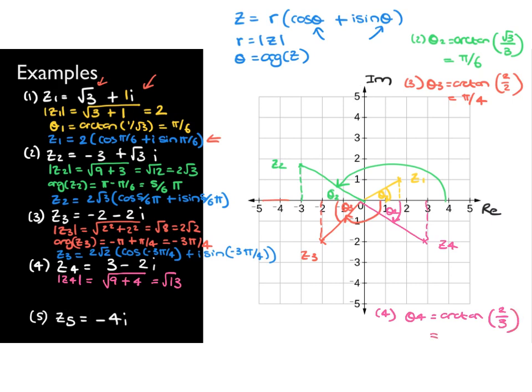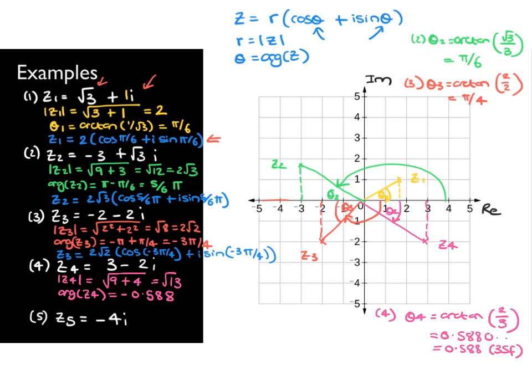Now, if I work that out, unfortunately, this is not a neat multiple of pi. I get 0.5880... So we'll round that to 0.588 to 3 significant figures. So the argument of z4 is negative 0.588 because of the quadrant that it is placed in.